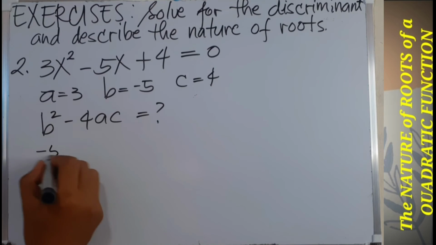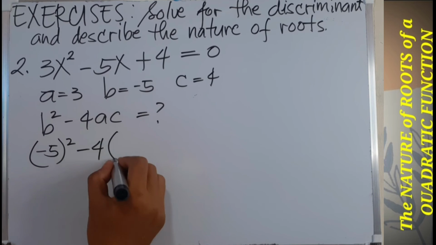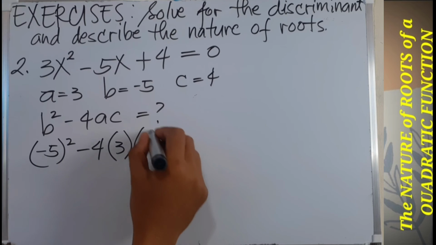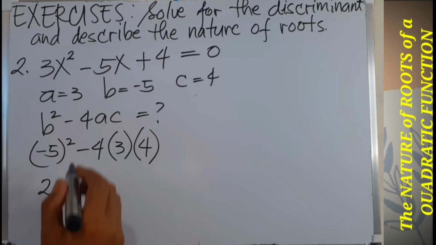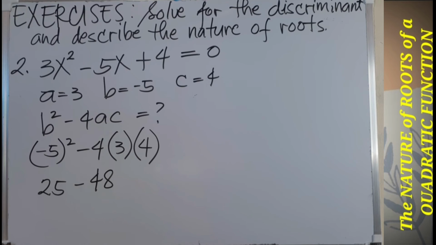B equals negative 5 squared minus 4, a is 3, c is 4. 5 squared is 25. 4 times 3 is 12 times 4 is 48. 25 minus 48 is negative 23.